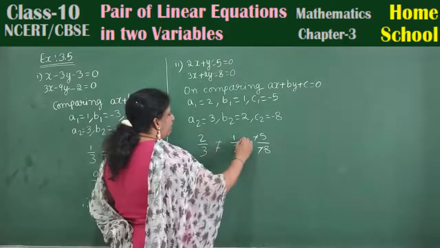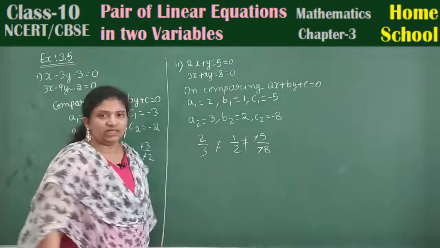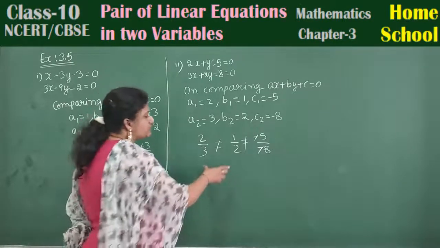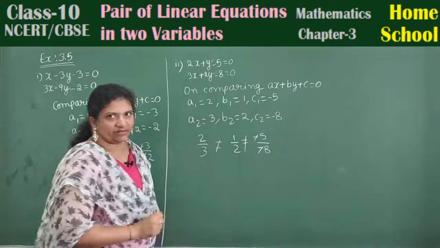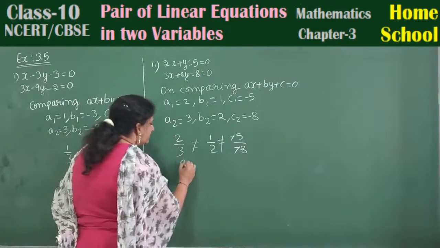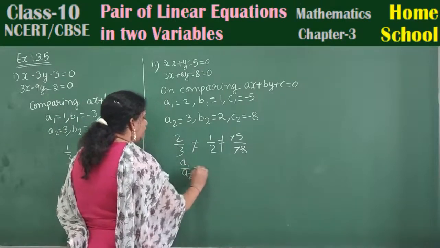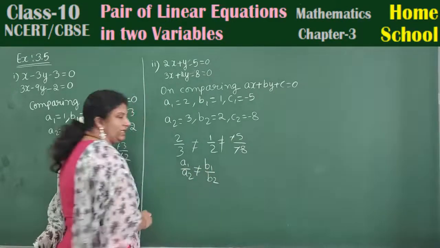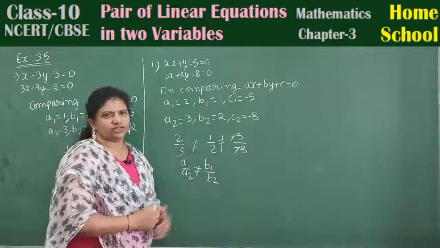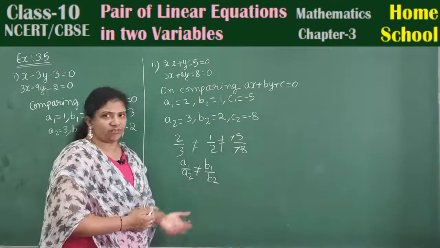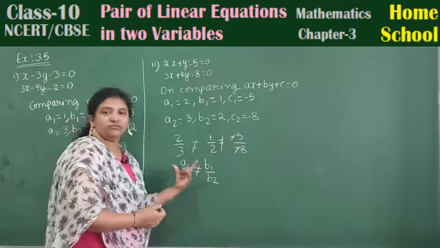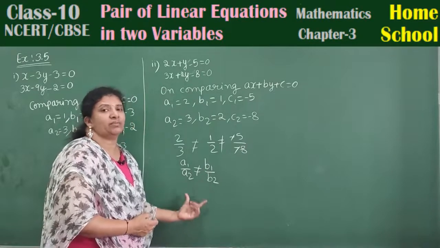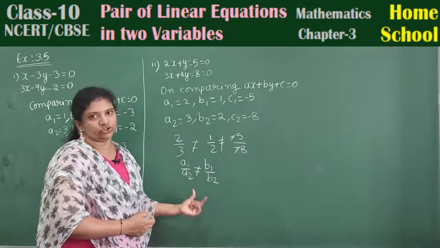Look here children, all the ratios are not equal. If they are not equal, what can you say? Observe only the first two. a1 by a2 is not equal to b1 by b2, and not equal to c1 by c2 also. But if we get the two ratios not equal, then it will have a unique solution.